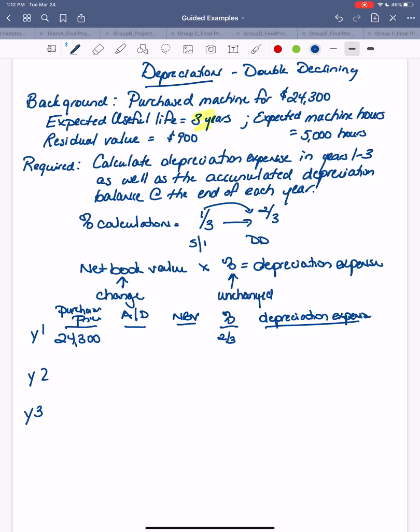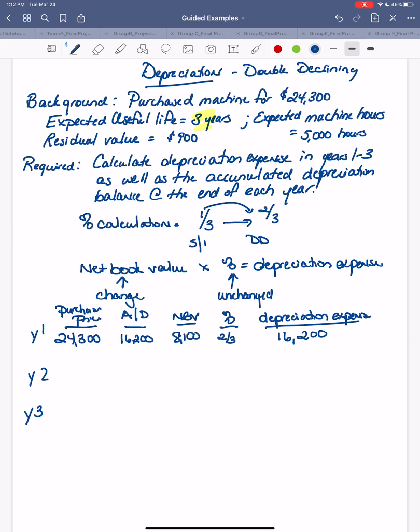So that means my depreciation expense is 16,000, basically 200. I'm going to round it. All right, and my accumulated depreciation is 16,200. The net book value at the end of the year, after I've made my journal entry, is 8,100.